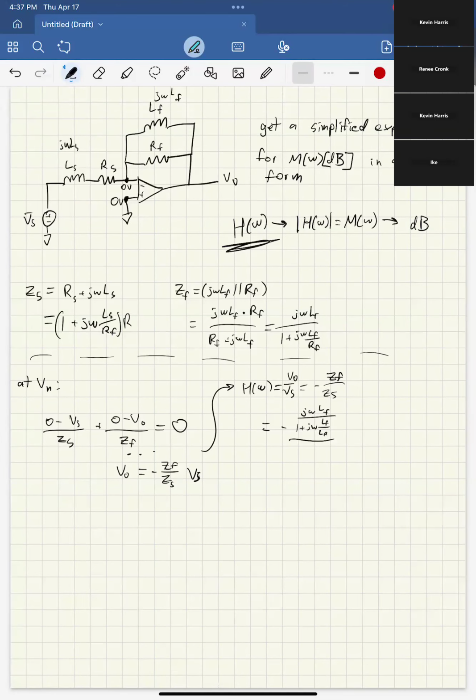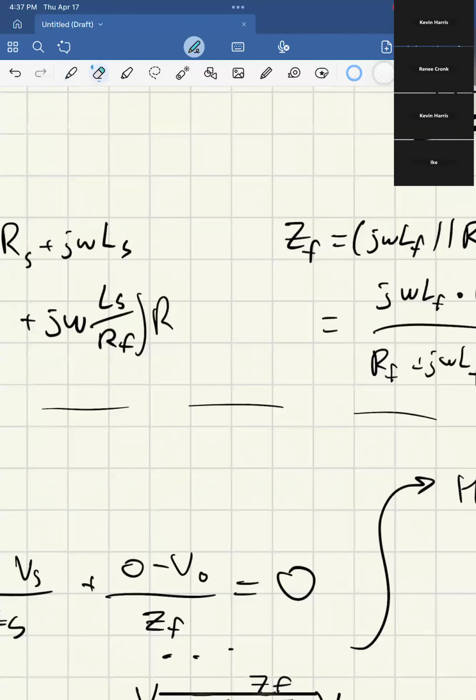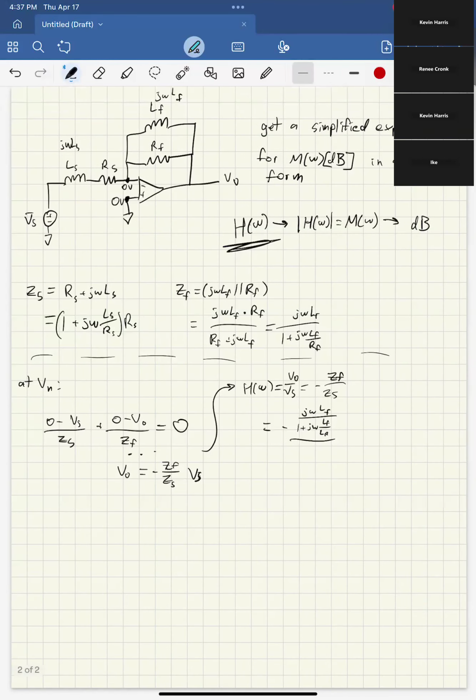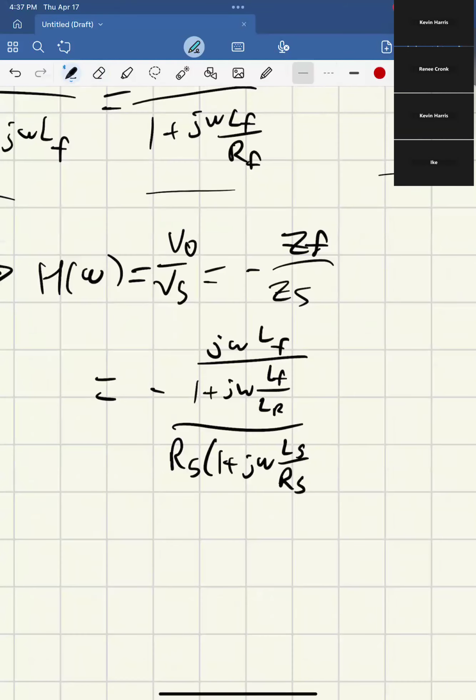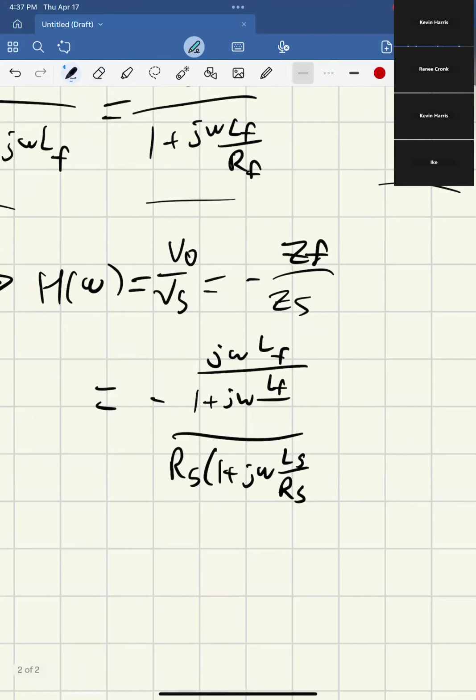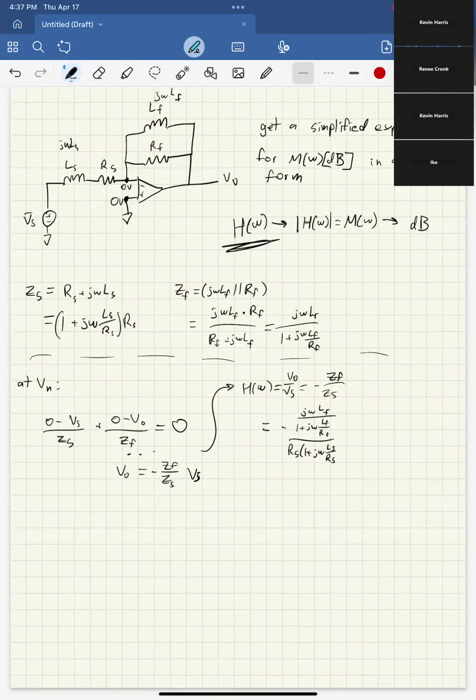So it's this times R_S, yes, no, R_F. Okay.